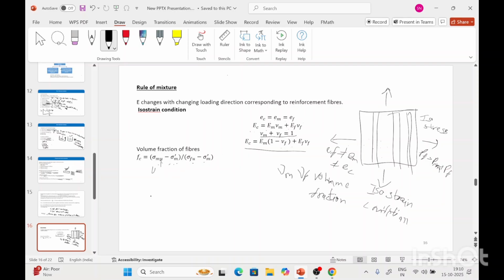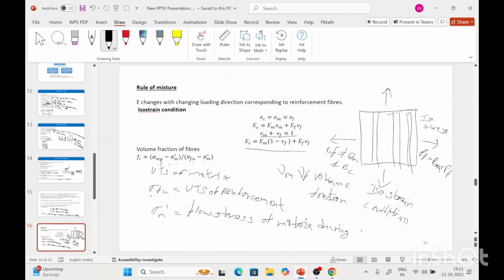Here sigma mu is the UTS of the metal matrix, sigma fu is the UTS of the reinforcement, and sigma m dash is the flow stress of the matrix during elastic deformation of the fiber.